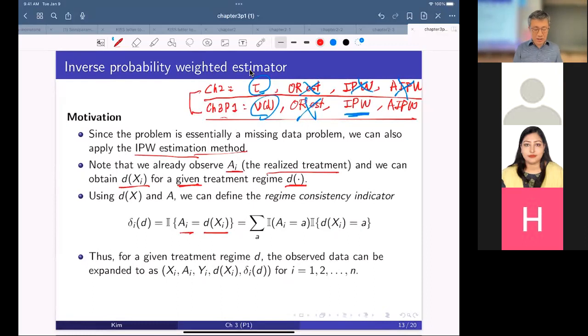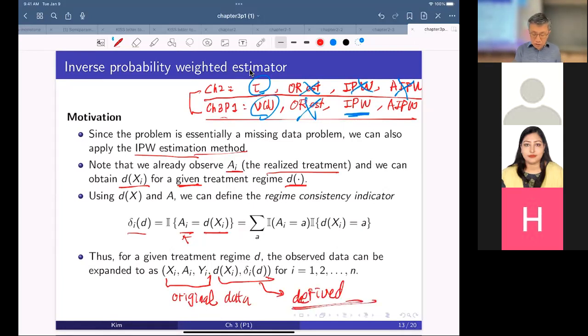That actually gives an indicator function. This is observed data, and this is constructed from my decision rule. So this is original data, and this is derived data, because you know the mapping.